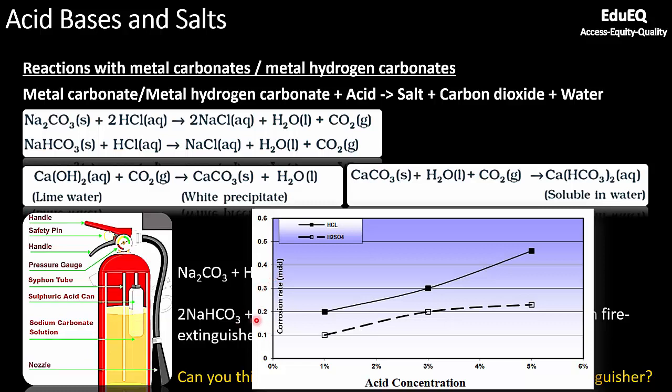So when you put stainless steel or mild steel in contact with HCl, you see the corrosion rate with HCl is much faster when compared to H2SO4. So this is one engineering justification why you are not using HCl, because fire extinguishers are stored for a very long time. You might not be using them for even 2 months, 3 months or 6 months altogether.